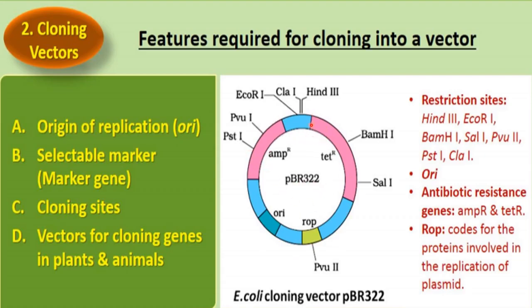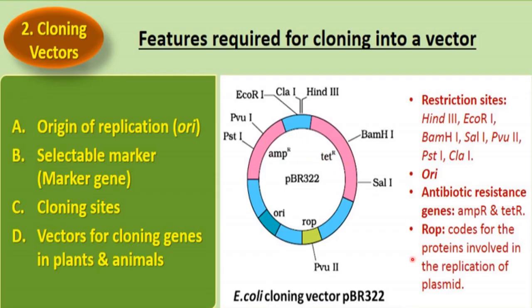And this part of the DNA, this gene from here to here, is responsible for providing resistance against tetracycline. And this gene from here to here is responsible for providing resistance against ampicillin, right? So these genes are present here, which are responsible for providing resistance against these antibiotics.